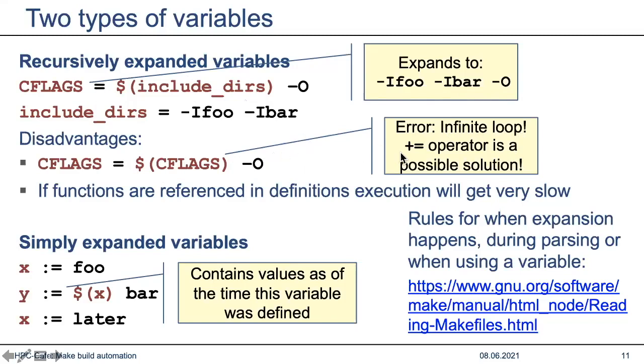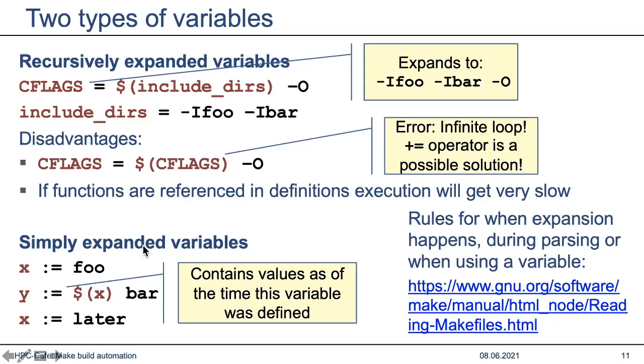There is a solution, and the solution is the += operator. Please read about it in the documentation, because I don't have a separate slide on this. There are some subtle issues there. What happens when you use this operator on a recursively expanded variable? Another disadvantage is that functions referenced in the definition of recursively expanded variables can make execution very slow, because those functions get evaluated any time you expand the variable, and this can be very often. So be careful using functions in recursively expanded variables.